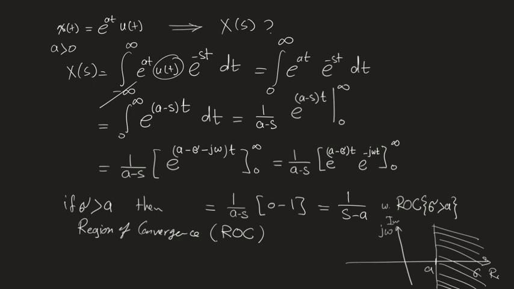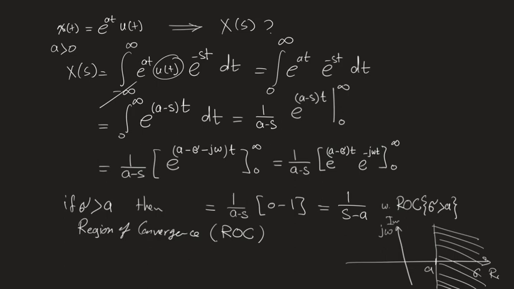Two things. Number one, the Laplace transform allowed us to find the frequency domain representation of a function that we were not able to find using the Fourier transform. Number two, it allows us to do this, but under certain conditions. These conditions are always represented by the regions of convergence.